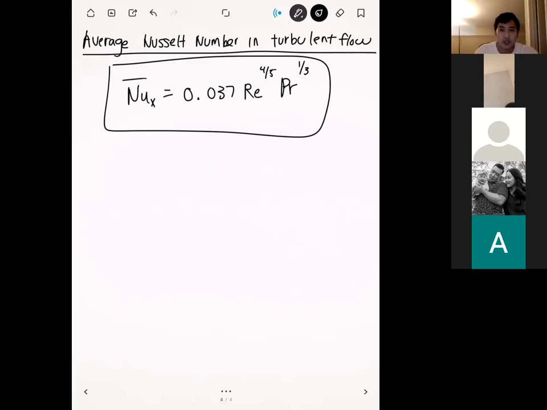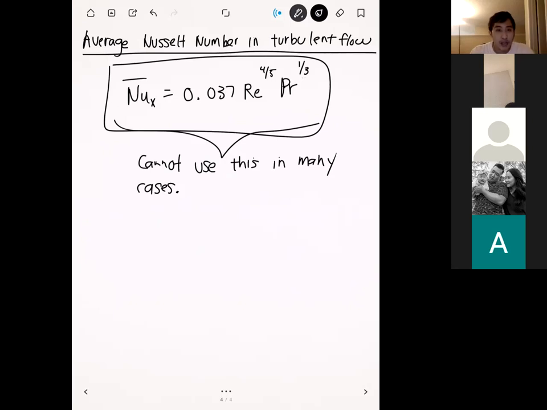But honestly, for most cases, we can't actually use this correlation. The reason is, remember, this is the average Nusselt number correlation, so this is averaged over an entire surface.